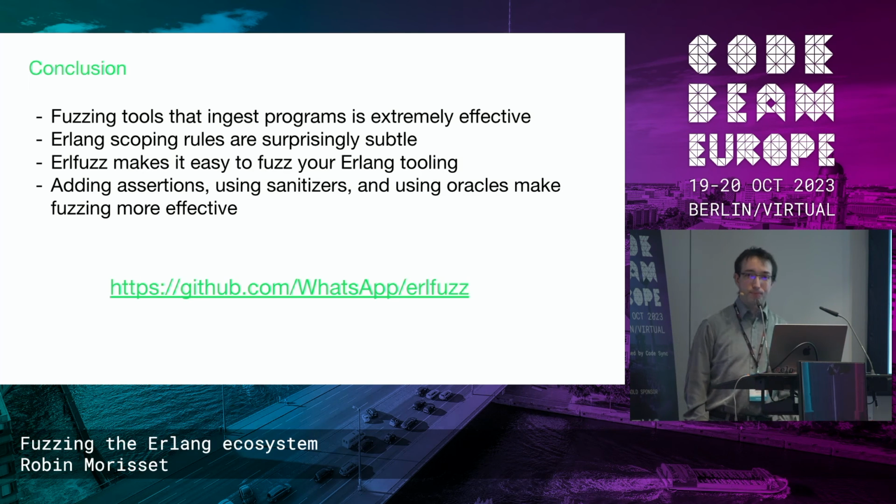You're welcome. Can you control what type of output or what type of code the fuzzer is generating to test various things, or does it just generate random stuff? By default, it generates random stuff, but there are various options to tune that. So for example, if you want to test a tool that does not yet support maps and map comprehensions, you can just pass a flag and it won't do that.